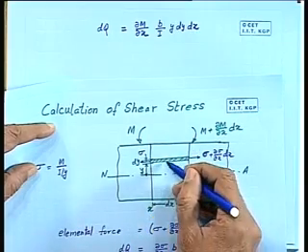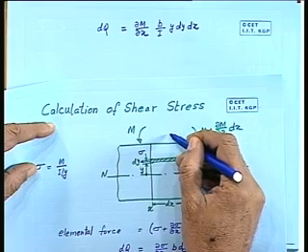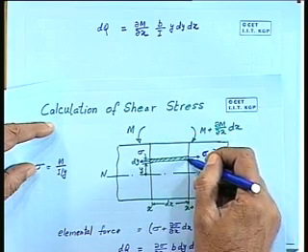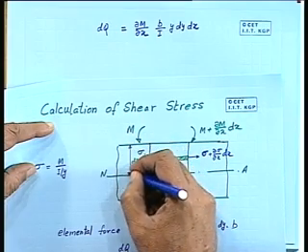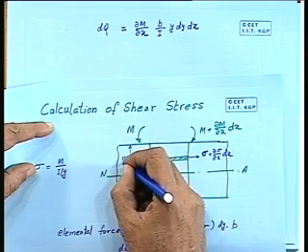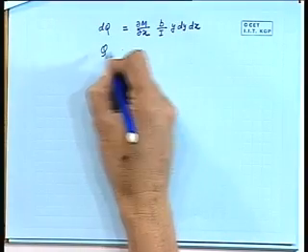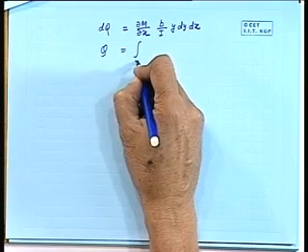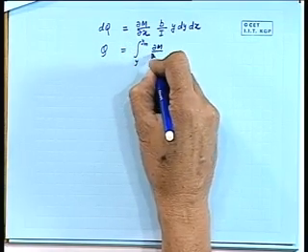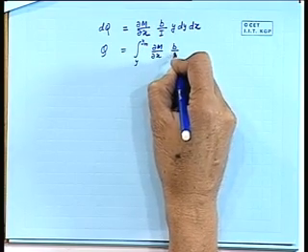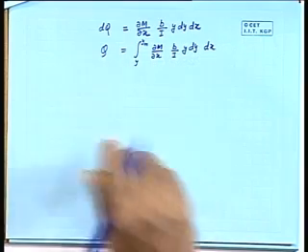Now, if I want to find out what are the other elemental forces above this, what is the sum total of this, that means this has to be integrated from here to here. Now, that means I have to integrate it from y to this extreme position, which is say y max, and therefore, Q is nothing but integration from y to y max of del M by del x b by I y dy dx.